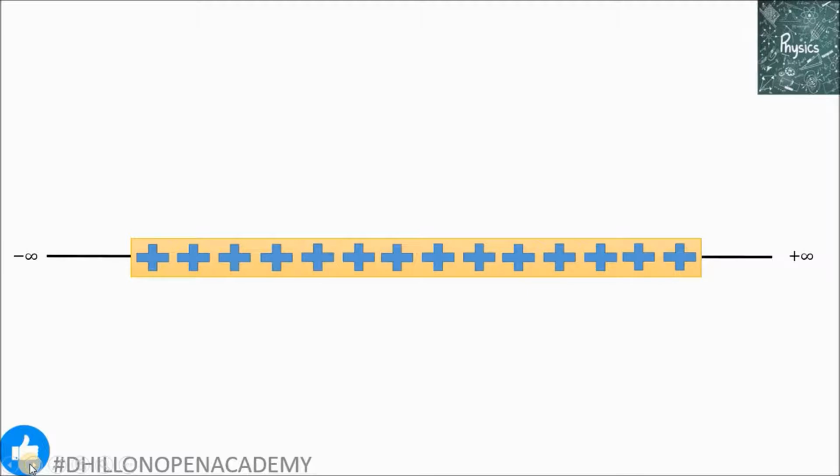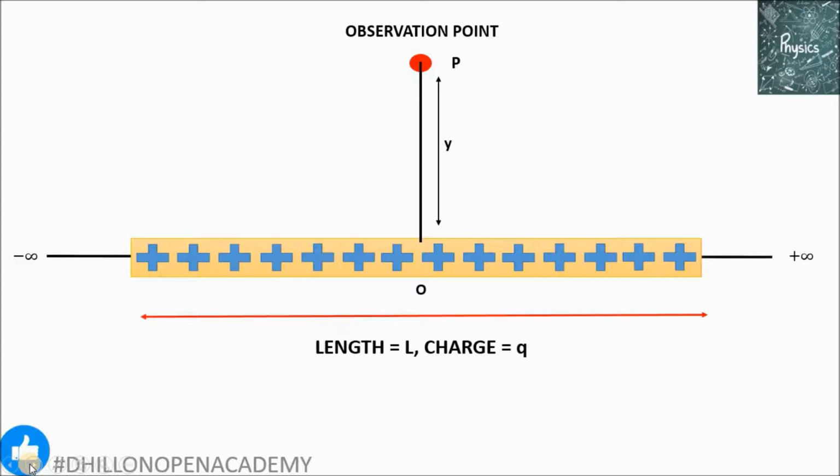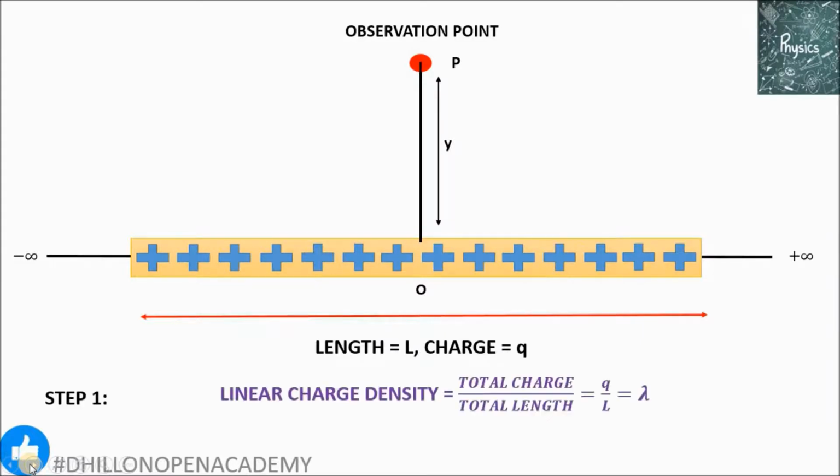The line charge itself extends from minus infinity to plus infinity, but we want to find the electric field due to charge on this infinite line charge at the observation point P, which is at a distance y from the small segment we have considered out of the total infinite length, which is of given length L and holds a charge Q. So in the first case, we are taking a small length of the infinite line charge having charge Q, and we will try to find the electric field at this observation point.